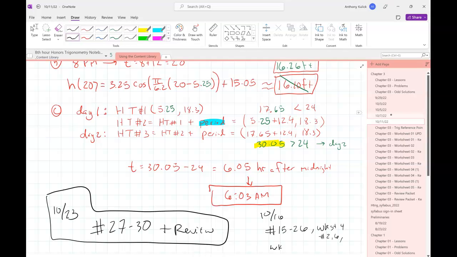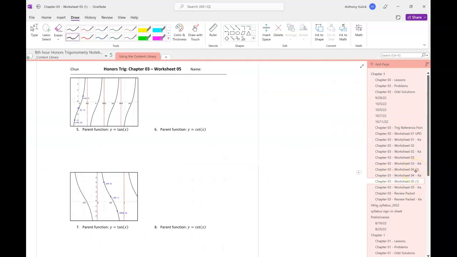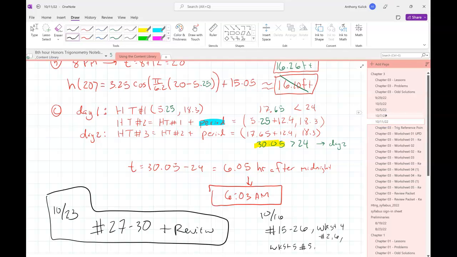And then worksheet 5. And what do we have to do on there? Just like 1 problem or 2 problems or something, right? 5 and 7. There we go. You guys are on the ball there. No one already remembering those numbers? So that would be this weekend's.